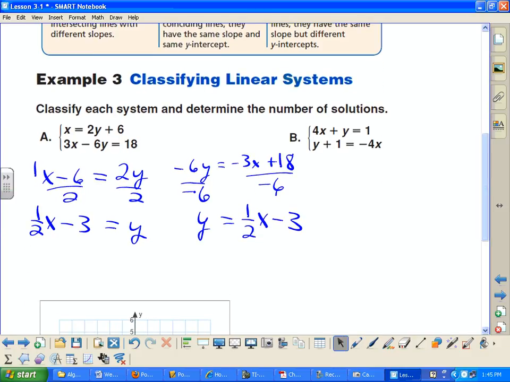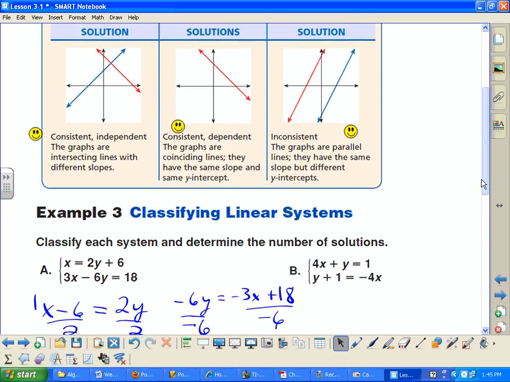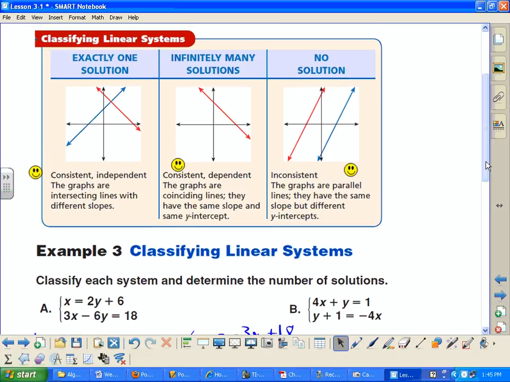In this case, the y-intercepts and the slopes are the same, which means it's the same line, right? So if it's the same line, then it says classify and determine the number of solutions. I'm going to say it's consistent and dependent, and there are infinitely many solutions.